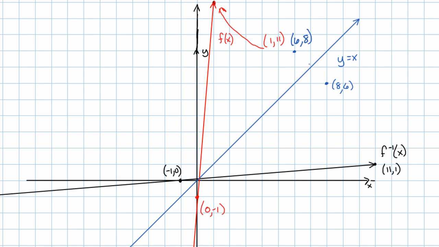See, these two are mirror images about this line y equals x here, and their x and y values have been swapped. That is true for every point on the coordinate plane. Pick any point that you want and pick its mirror image on the opposite side of y equals x. They will have opposing x and y values.